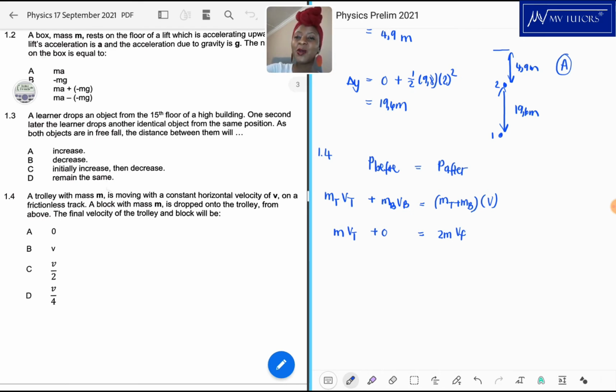So swapping them around, the final velocity is going to be m times the velocity of the trolley, over 2m. That is basically a half the velocity of the trolley. So the answer that corresponds is C.